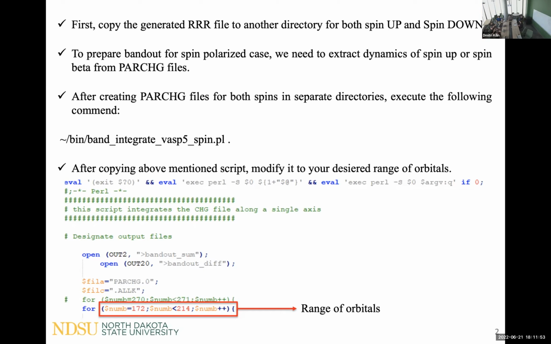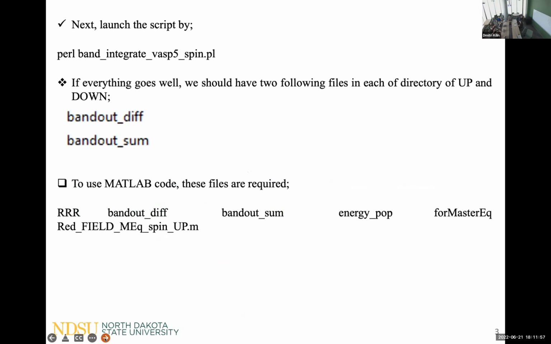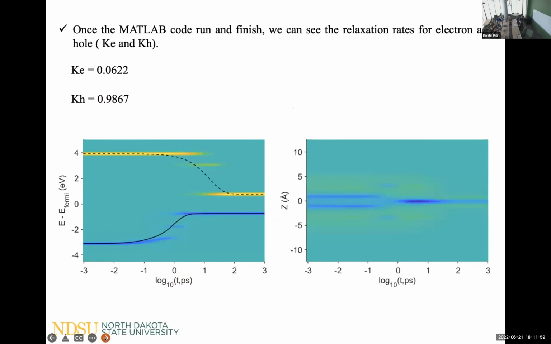Okay, thank you. But your last slide, can you please go there? Sure. It shows one diagram for energy relaxation and one diagram for distribution in space. Is it for spin up or spin down, or is it a combination of both? I was expecting to see a second set of images for the different spin.